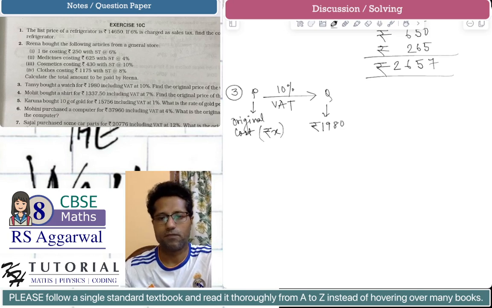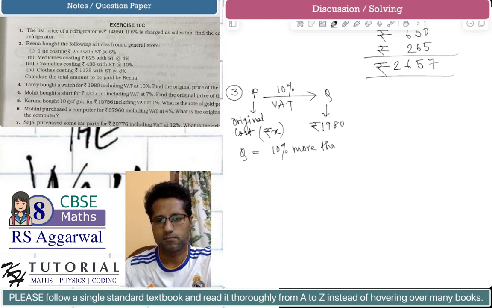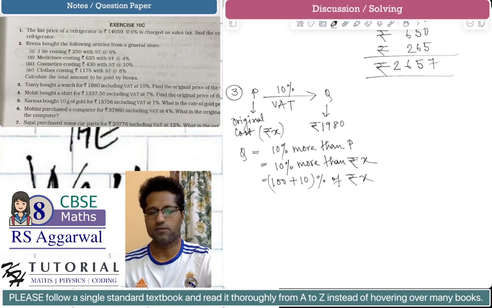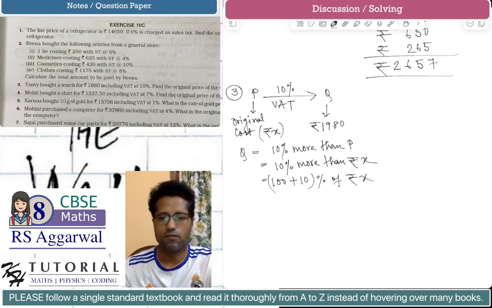Now we can say that Q is equal to 10% more than P. This is equal to 10% more than rupees X. This is equal to 100 plus 10% of rupees X. What is X? X we have assumed to be the original cost of the watch.